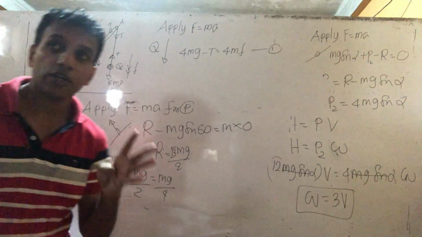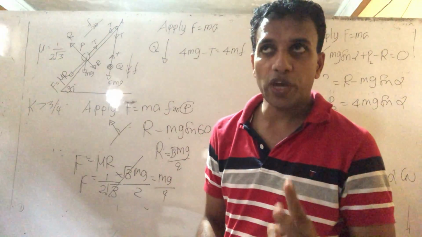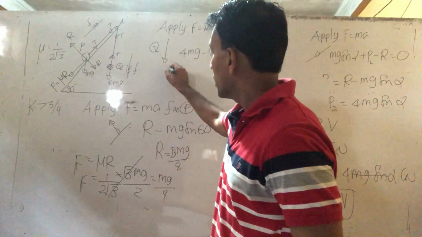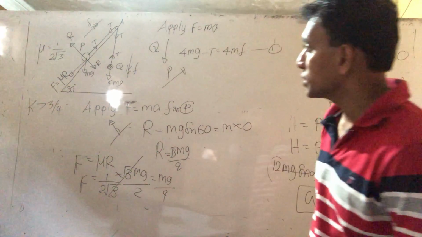Here f is unknown and T is unknown. Therefore, you need two equations for two unknowns. So I come to the next particle, P. Apply upwards for particle P. Then what is that?